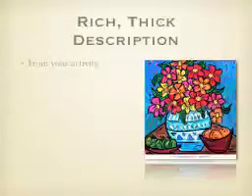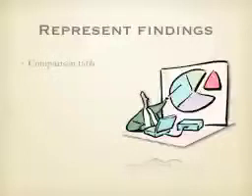One of the ways that we talk about this is writing in rich, thick description. Rich, thick description is a way of giving the detail of what you're writing, giving it life and giving it color.